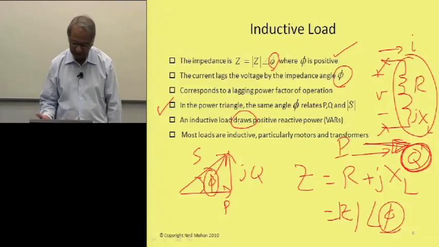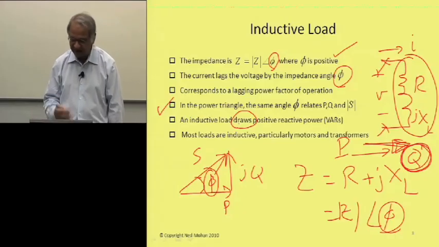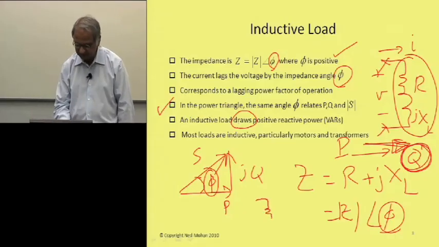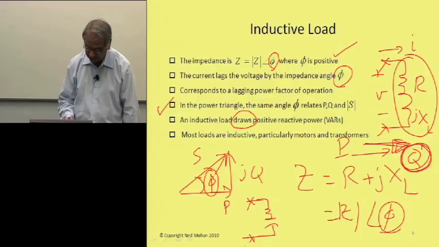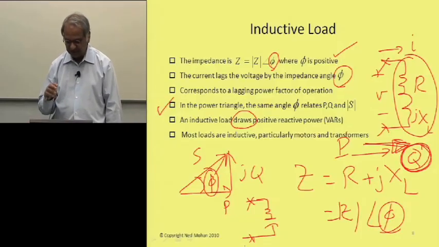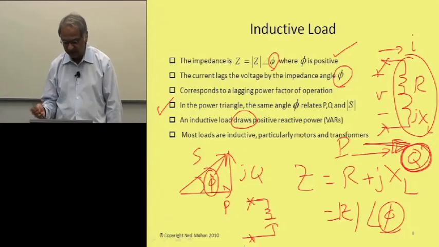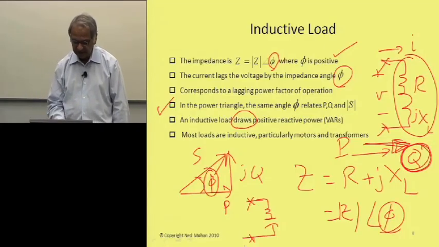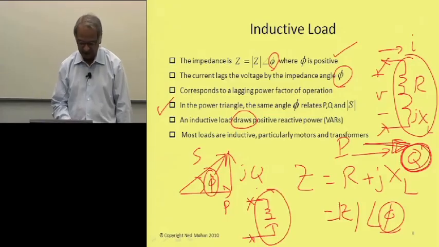But whatever I've said for an inductive load would apply for a capacitive load. Let's say you have a load like this, a capacitive load. It could be a pure capacitor, with no resistance. Here the current would actually lead the voltage by some angle phi, and instead of drawing reactive power, such a load would supply reactive power.